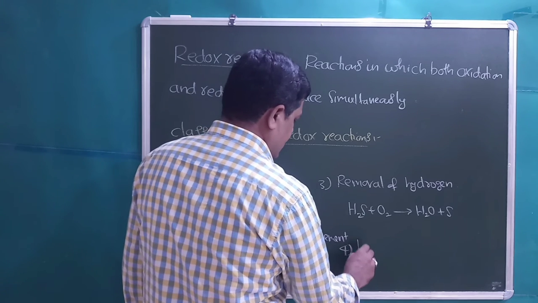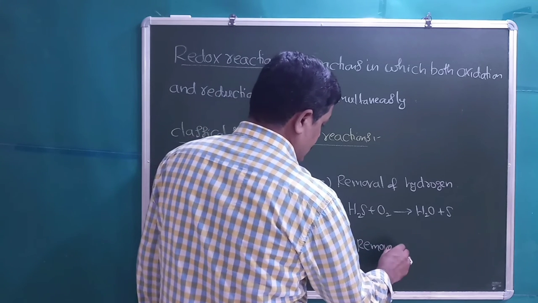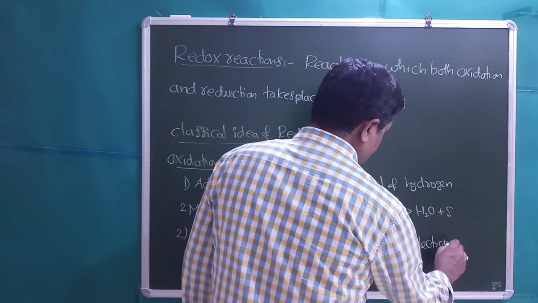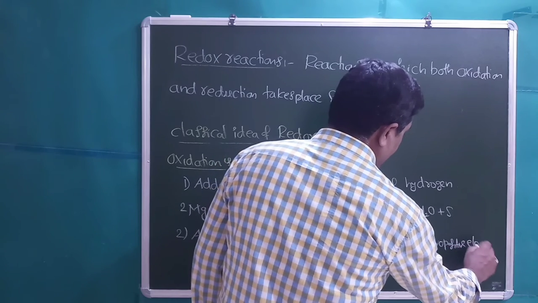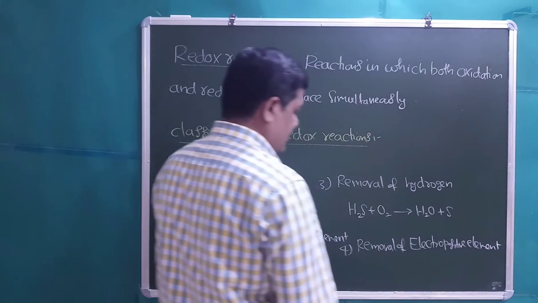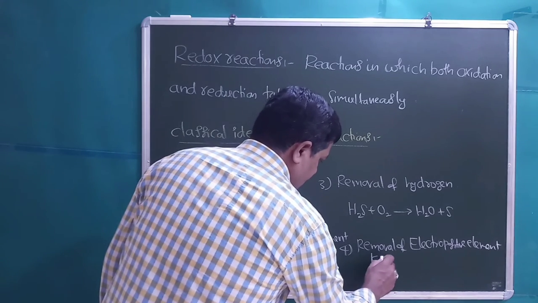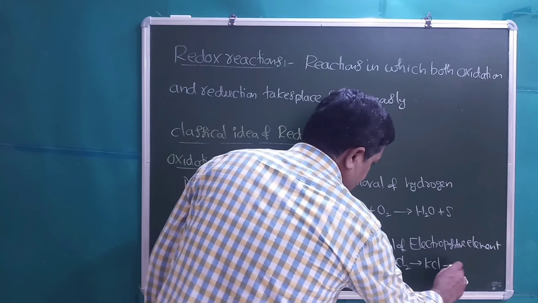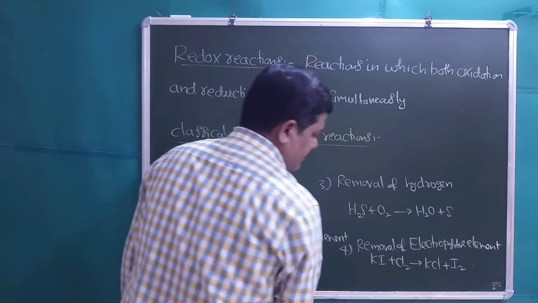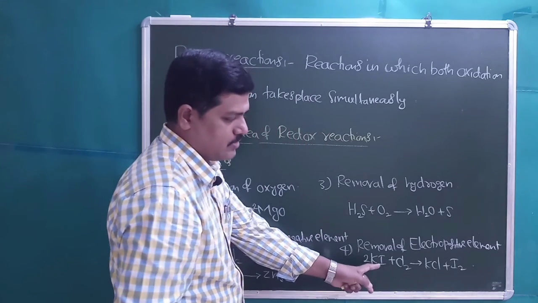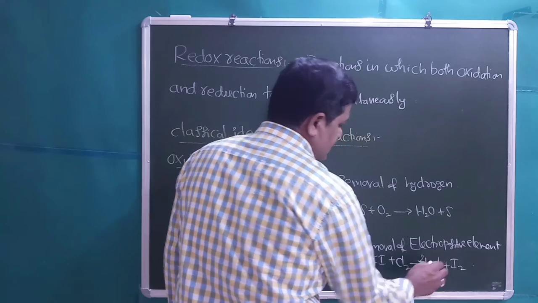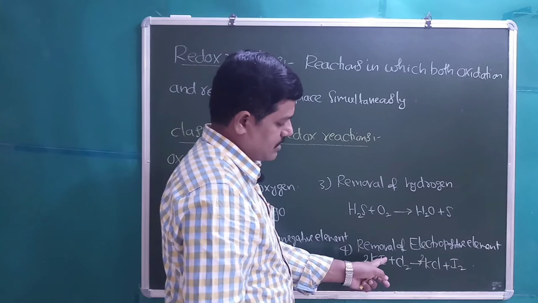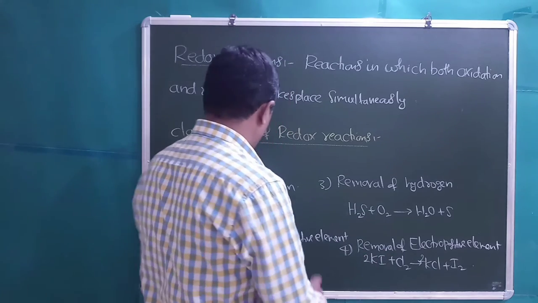Fourth type, it is removal of electropositive element. Removal of electropositive element. KI reaction with the Cl2 gives KCl plus I2. 2KI plus Cl2 gives rise to 2KCl plus I2. Removal of electropositive element, potassium, from the iodine in the KI, we can call it oxidation.